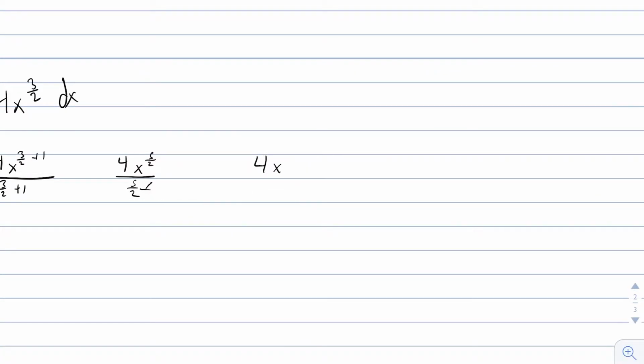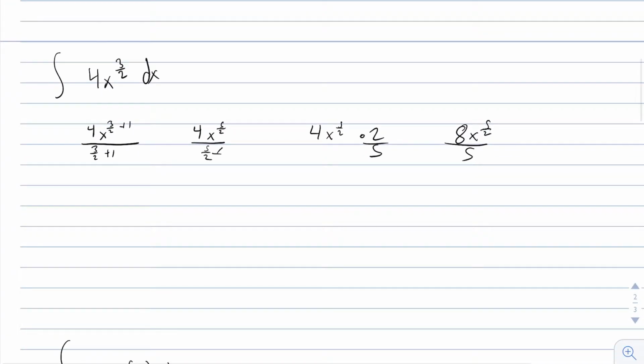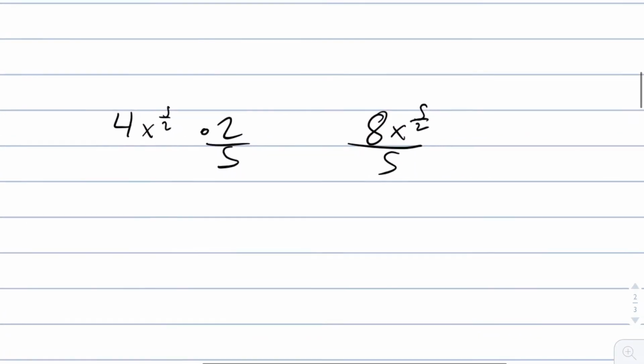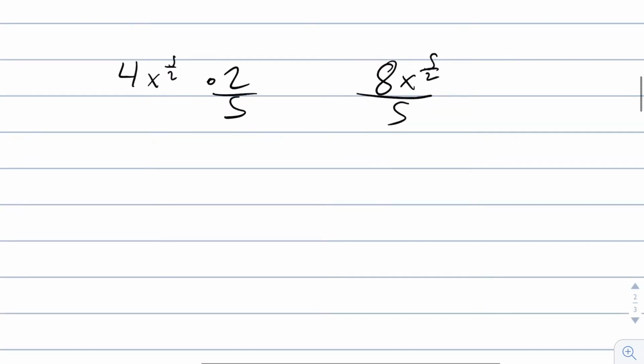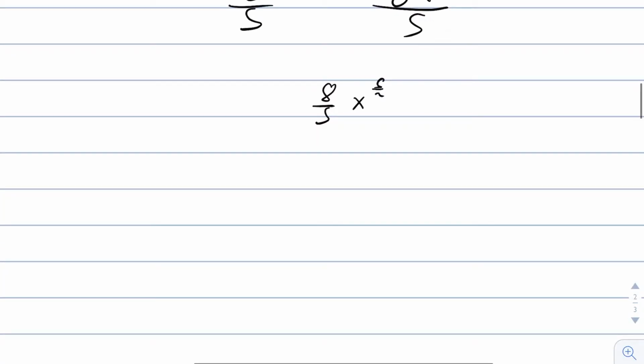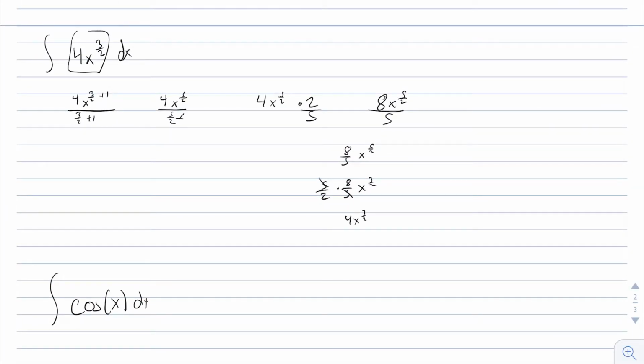So 4x to the 5 halves times 2 over 5, get 8x to the 5 halves over 5. And that checks out. We can take the derivative of this to make sure that works. So 8 over 5 x to the 5 halves. Multiply the 5 halves over here times 8 over 5. Cross this out, x to the 3 halves, and you get 4x to the 3 halves. And that's what we started with.